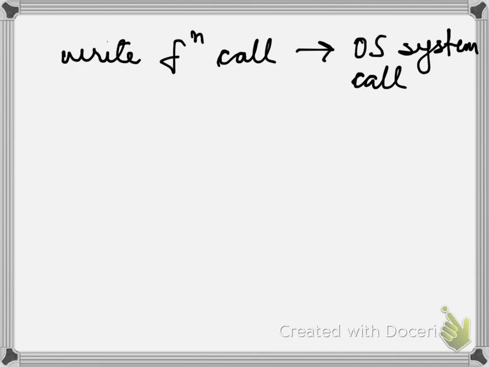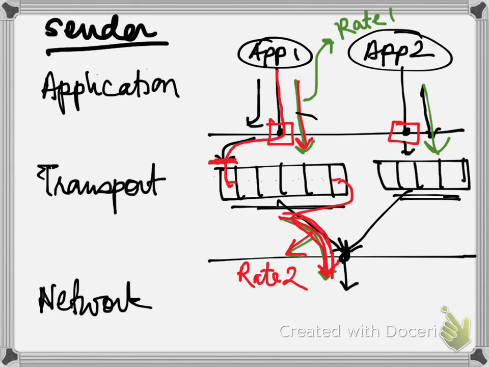And because these rates can differ, this buffer can become full. So if the buffers are full, the write operation is blocked. That means no more data can be written. The write operation will block, so it cannot write any more once the buffer is full.